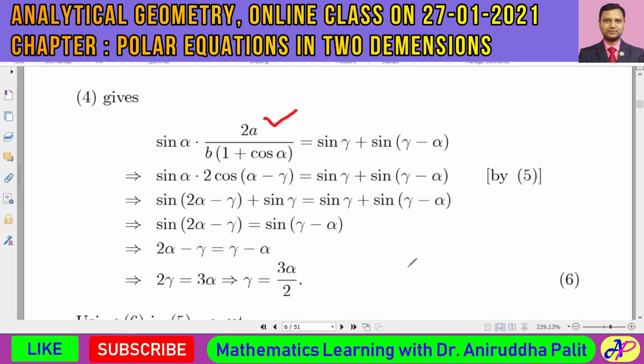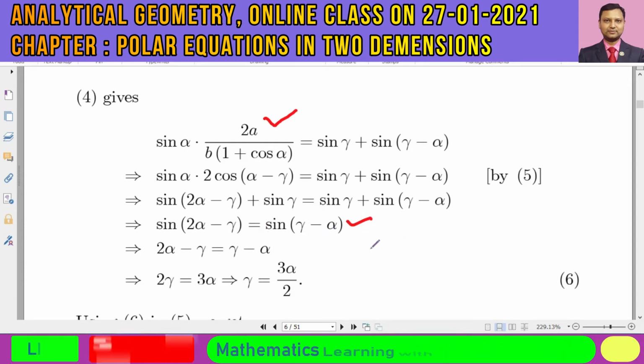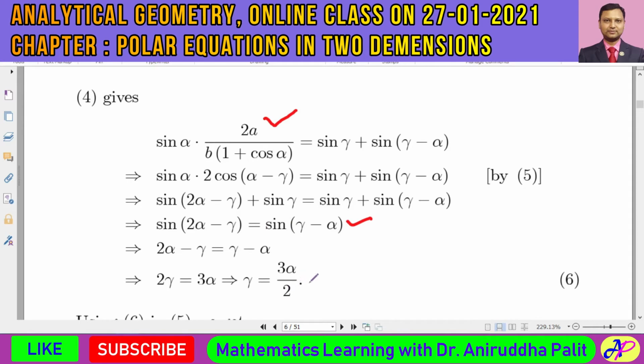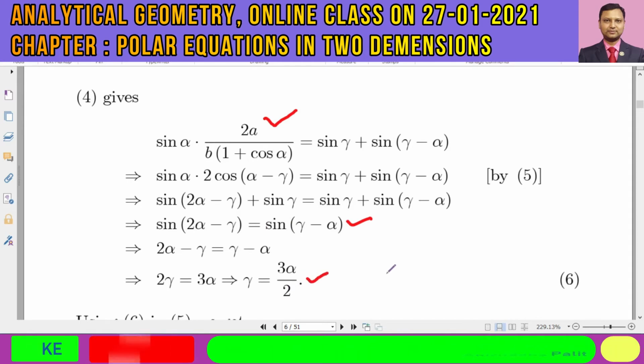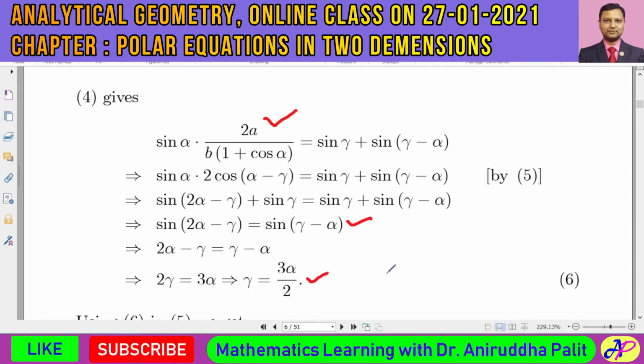If we continue the computation process, then ultimately we get this type of result: sine of twice alpha minus gamma is equal to sine of gamma minus alpha. And from that result we will be able to find that gamma is equal to 3 alpha by 2.